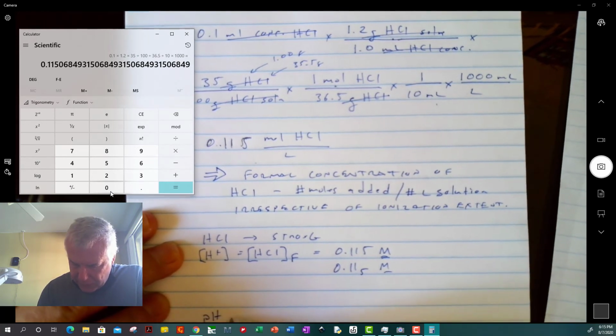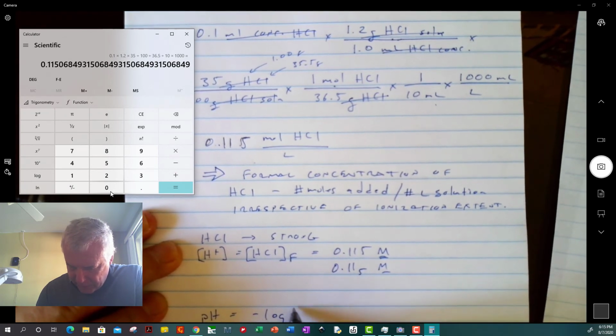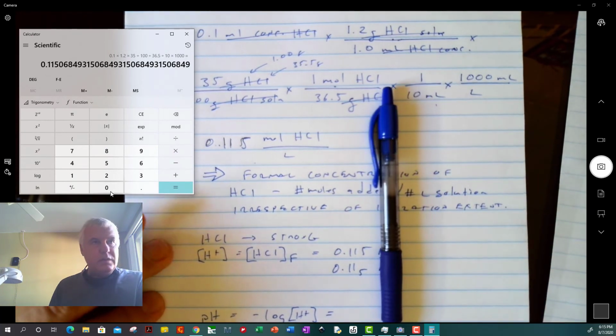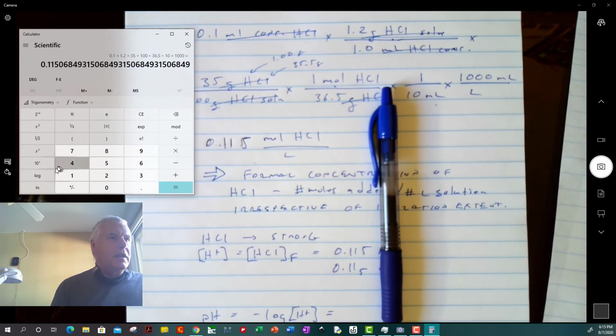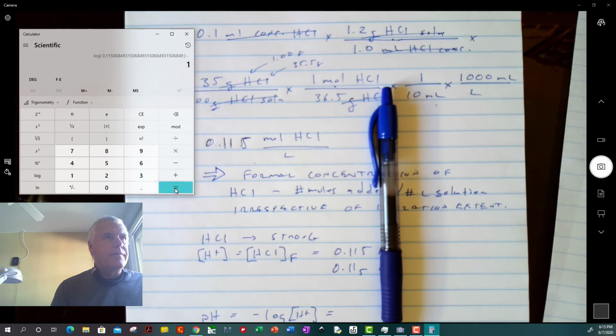The pH is equal to the negative log of the H+ ion concentration, which equals, let's see if we can do a log with this calculator.